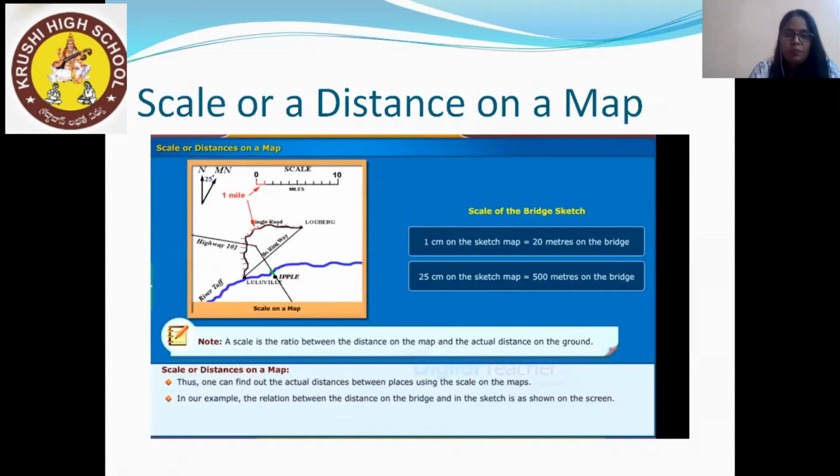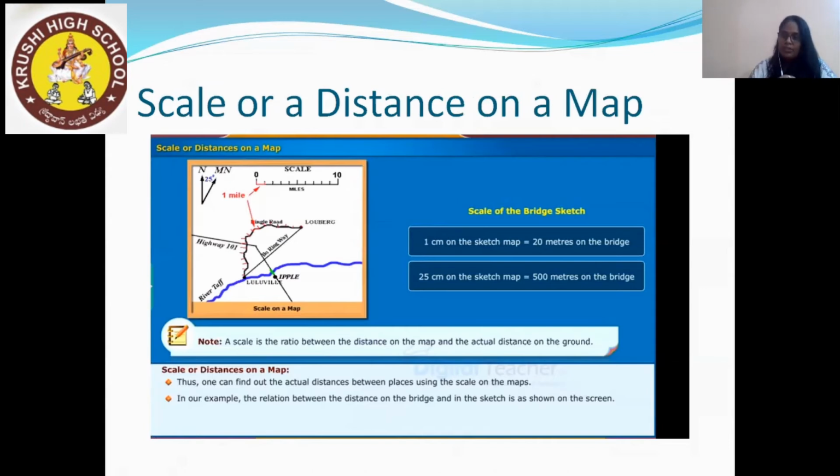So you can have a look again in the notebook, children. A scale is the ratio between the distance on the map and the actual distance on the ground. So what is a scale actually?